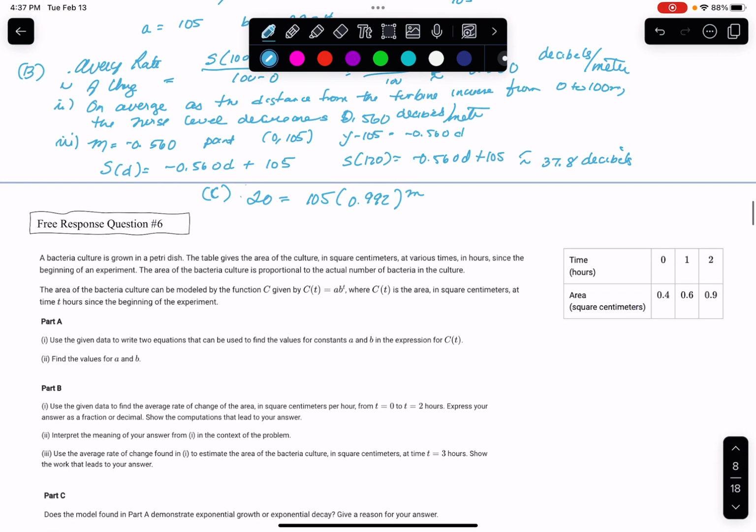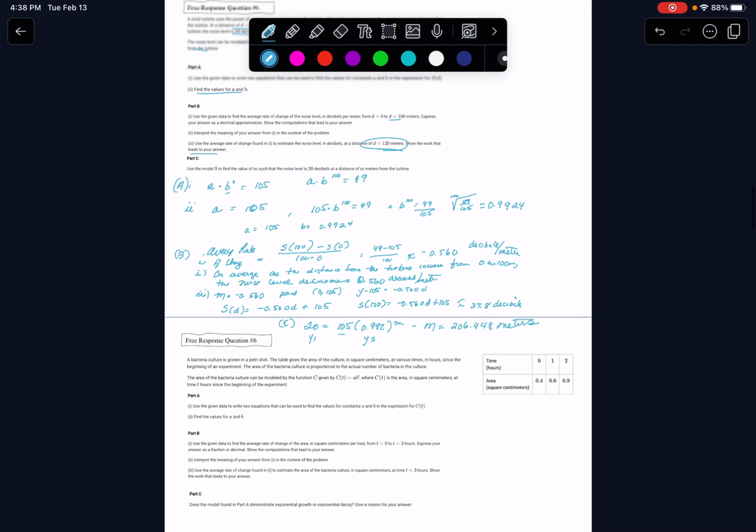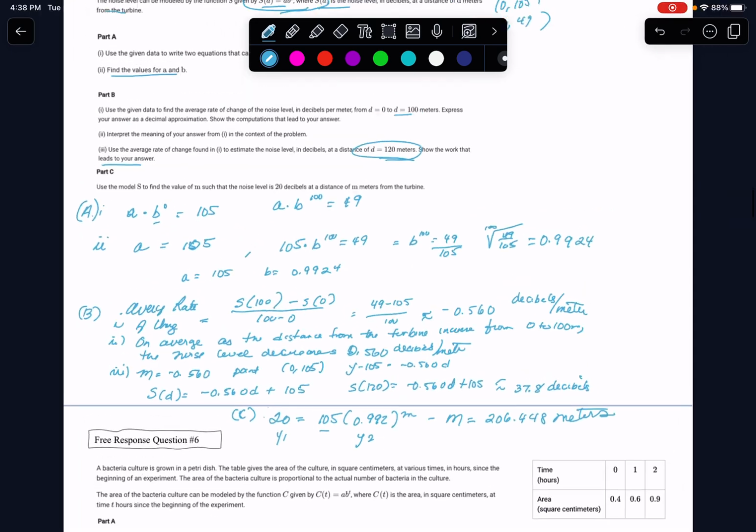So we put that back in. We have 105 times 0.992 to the D, and so then we set that equal. This would be Y1 and this is Y2, and we get D is equal to 206.448 meters. There we go. All right, I'll stop this video there.